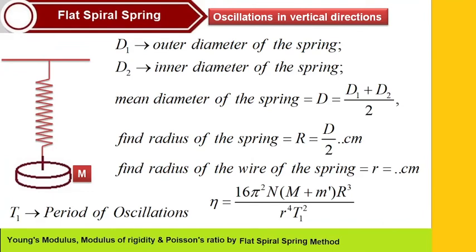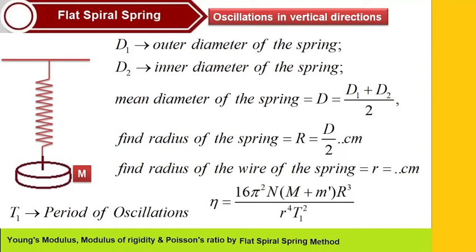Capital D1 is the outer diameter of the spring, capital D2 is the inner diameter of the spring, and the mean diameter of the spring, capital D, is equal to D1 plus D2 divided by 2. Now find the radius of the spring, capital R equal to capital D divided by 2, in centimeter, and find the radius of the wire of the spring, small r, in centimeter.